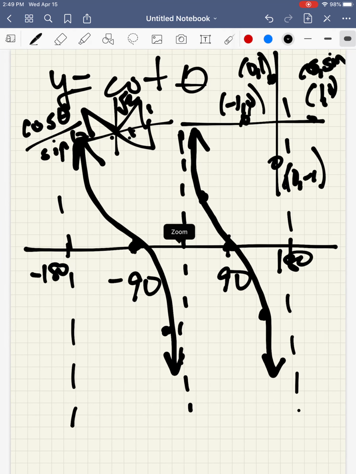Cotangent does not go through 0, 0. It's undefined at 0, 0. So even though the shape looks the same, we have to keep that straight. And we would label this with theta. And then we can put 1 and negative 1. All right, so that's the graphs of the reciprocal functions.